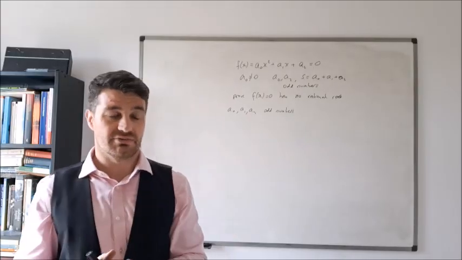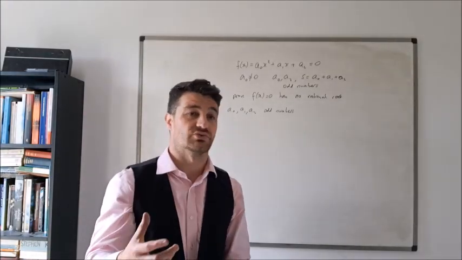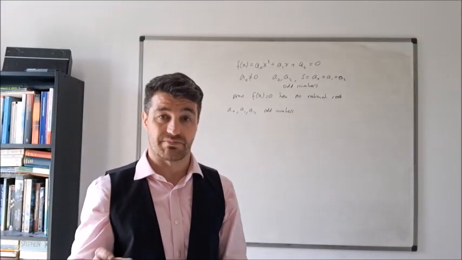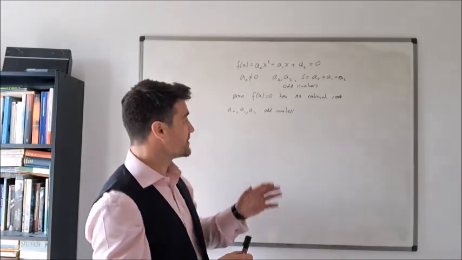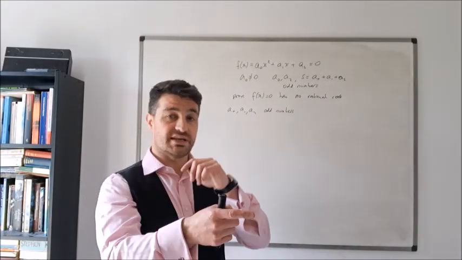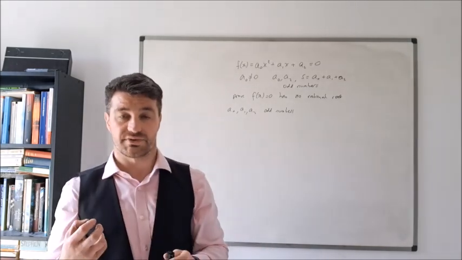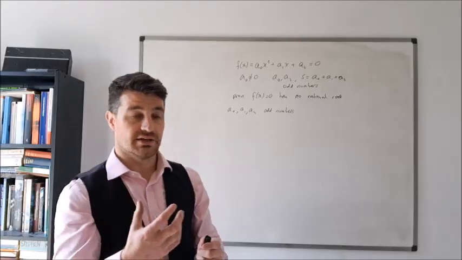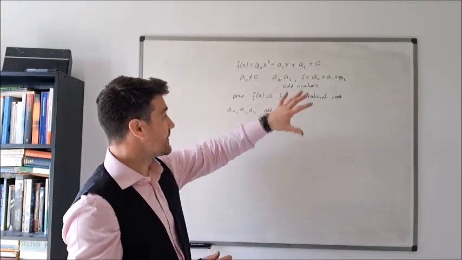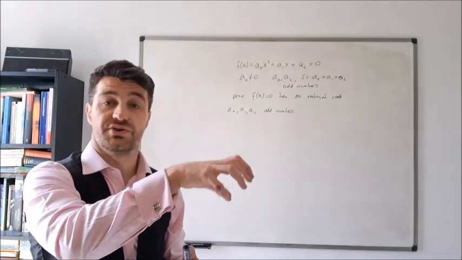Now, this might seem like a really bizarre thing to do, but if you've come across things like proof by contrapositive and proof by contradiction, this is a very common technique to use in mathematics to prove things. If you want to prove this, you assume the negation of it, and then you show that you get something contradictory out of that. In some way it contradicts the information that you started with, maybe, or some other known fact.